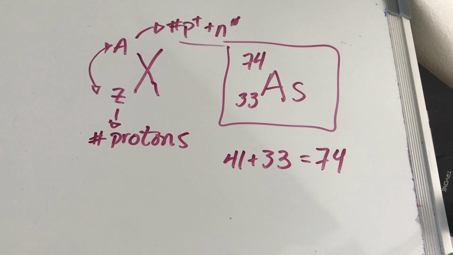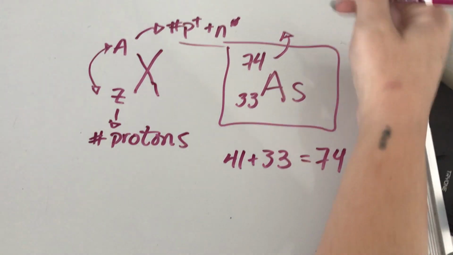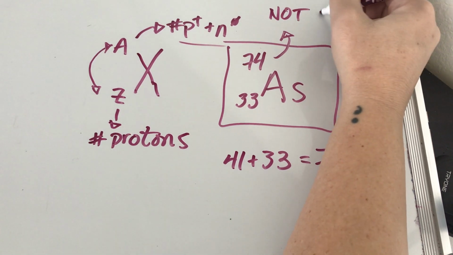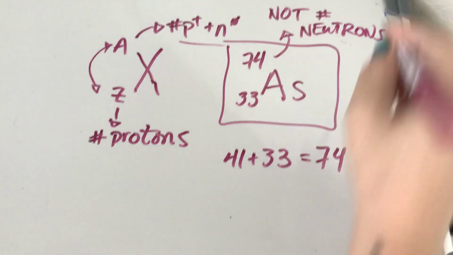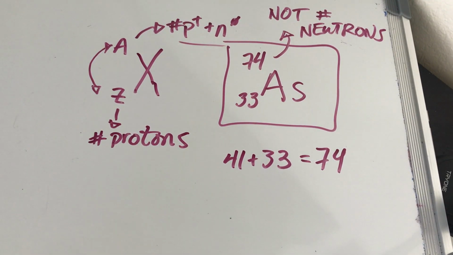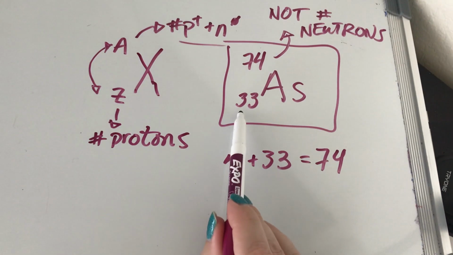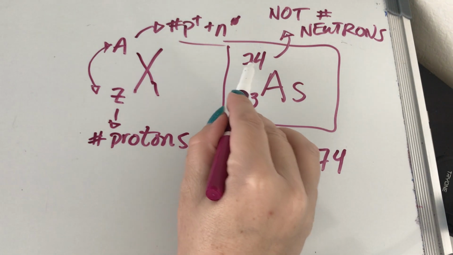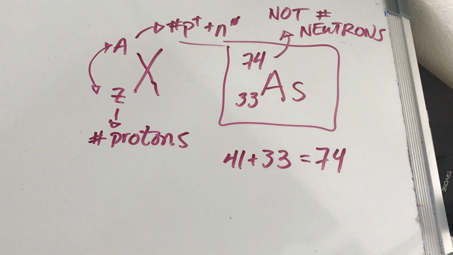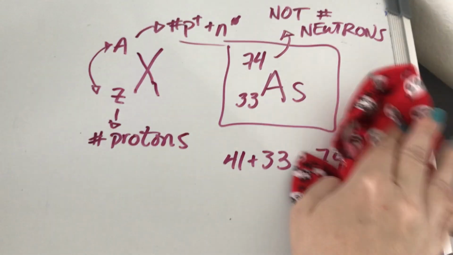Yep. Because you can't have a negative number of neutrons, right? As long as you know that it's subtracted, and that this is not the number of neutrons. I think that's what a lot of people accidentally do. They'll put 33 protons and 74 neutrons, which is not the case, because this is protons plus neutrons. Cool. Any other questions about those? Pretty straightforward. Cool.